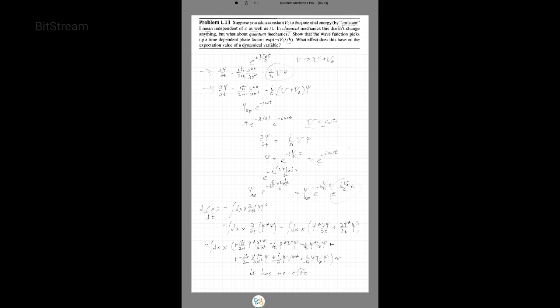Now I fully admit I might, and very possibly am, completely misunderstanding what this question's asking for, and in turn made it way too easy. But at any rate, that's the way that I read the question. And that's our last problem in Griffiths for momentum. And next time we're going to be looking at uncertainty values.